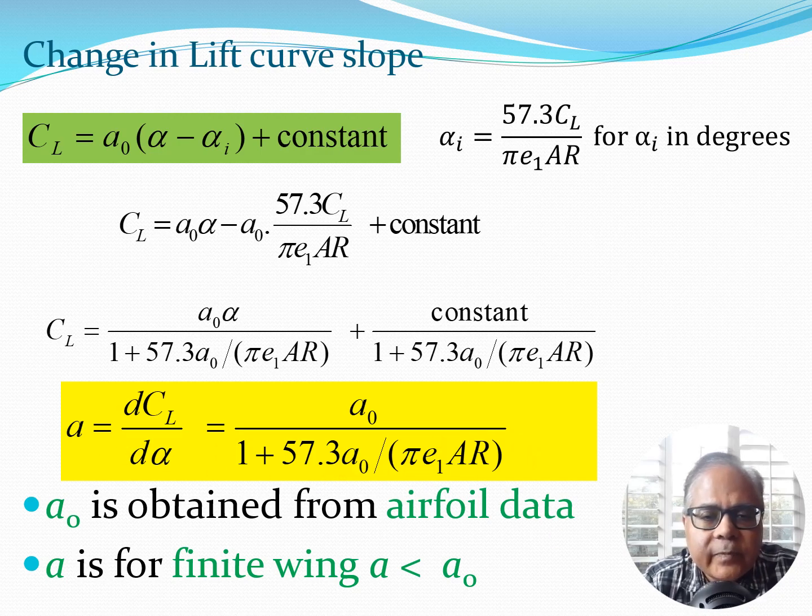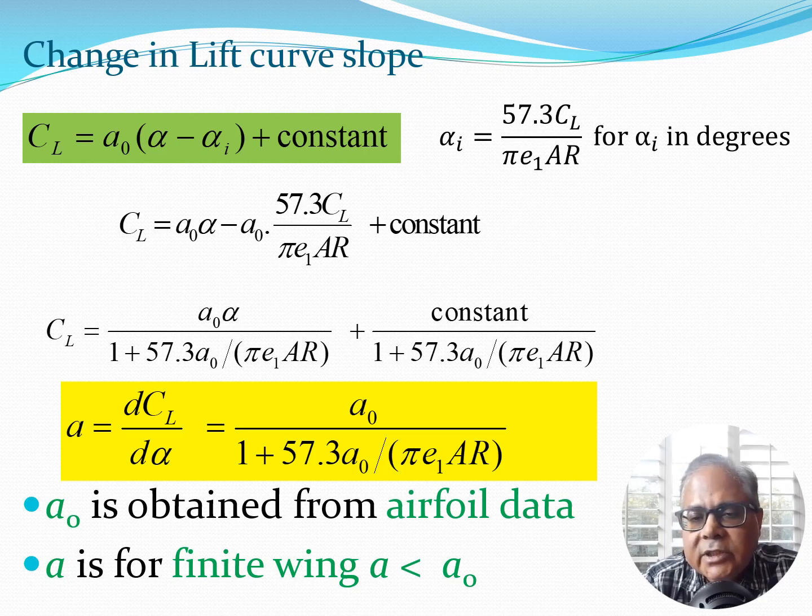So essentially one of the ways to make the lift curve slope as close as possible between an infinite wing and a finite wing is to keep increasing the aspect ratio of the wing, and in the limit as aspect ratio becomes larger and larger and finally becomes infinite, A would be equal to A0. So this is something very important.